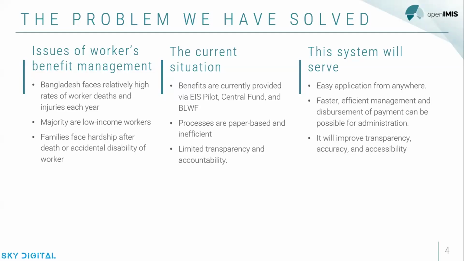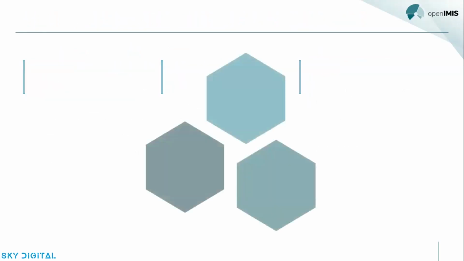So this newest system enables users or workers to apply from anywhere, since it is accessible through web. And since they are applying through web, things are getting faster, management is faster, disbursement is faster, and they can track it as well. So that's how it is improving transparency, accuracy, and accessibility.